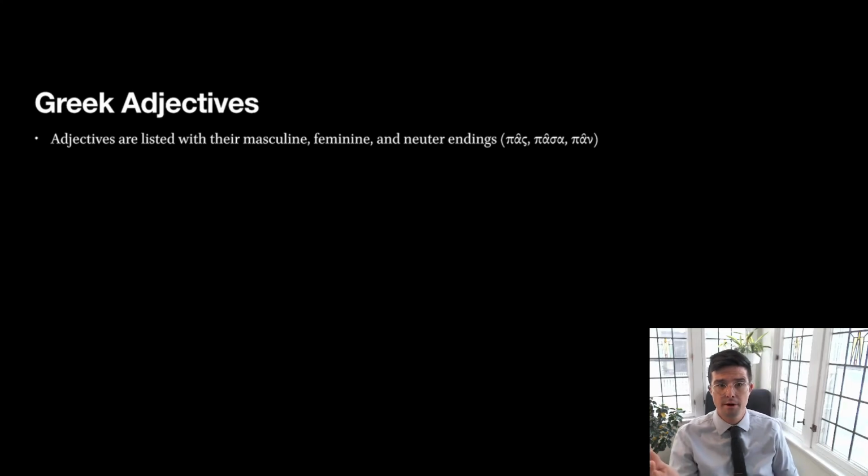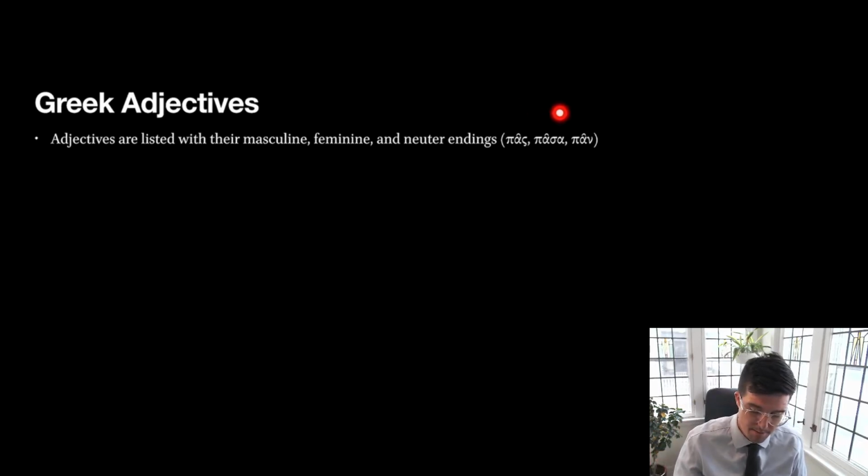And so remember that an adjective is always going to be listed with its various endings, in its various forms or terminations, in a vocabulary list or in a lexicon. So with pās, pāsa, pan, what you'll find is that it's listed this way in the vocabulary, so that pās is always the masculine, pāsa is the feminine, and pan is the neuter.